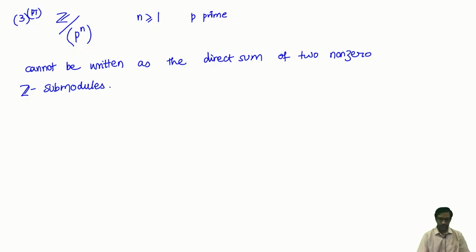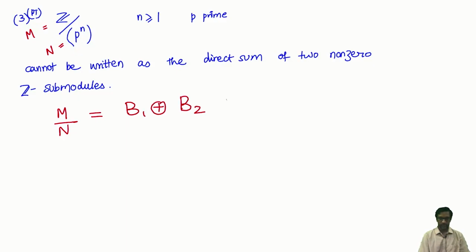So the first observation is that what we are dealing with is really a quotient module. It's Z modulo something. So it fits into the framework of the previous problem. So let's call this M, let's call this N. They're both Z modules. N is a submodule of M. And what we are trying to do is to understand whether we can decompose this into a direct sum of two submodules, right?